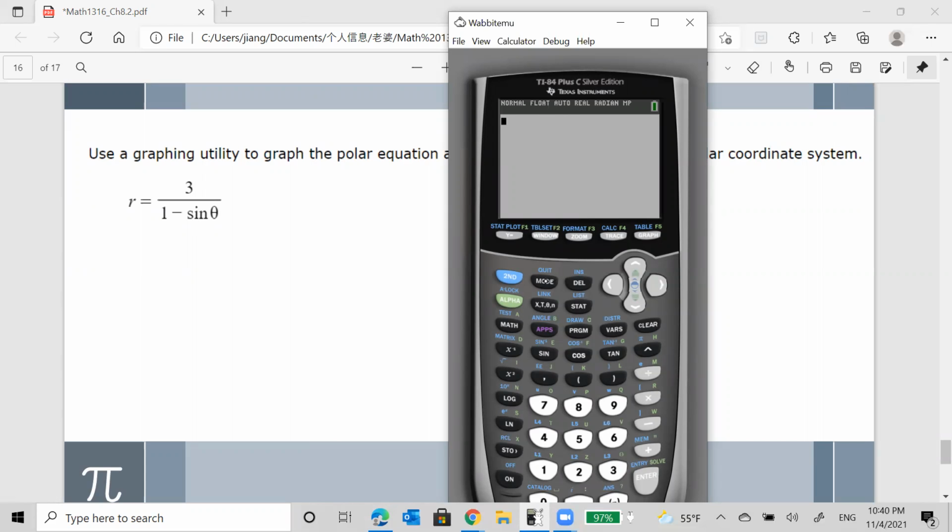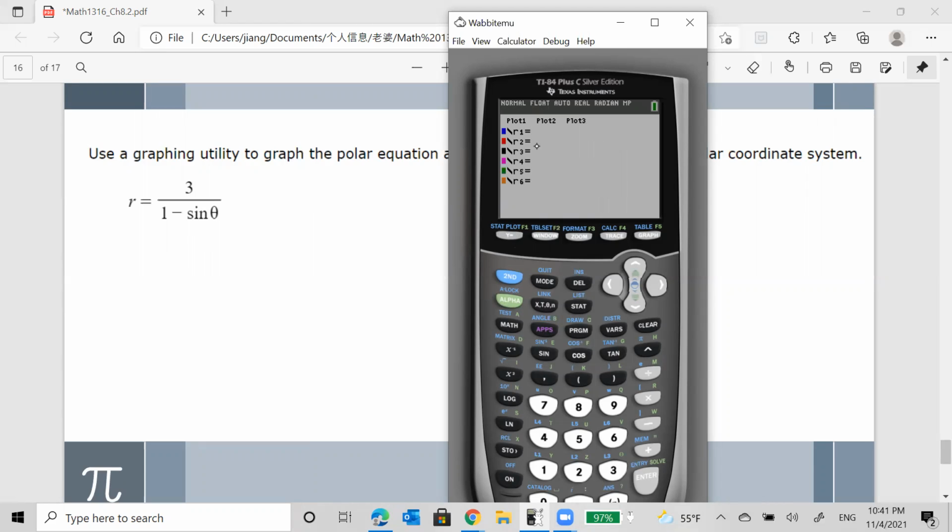So click mode. And then here is fraction, here is polar. So move the cursor, highlight polar, hit enter. We have the polar system. Second mode, we quit. And then insert this one in the function y equals something.